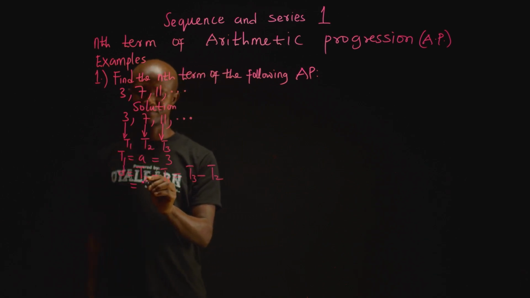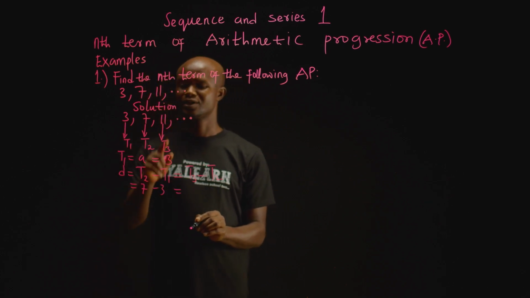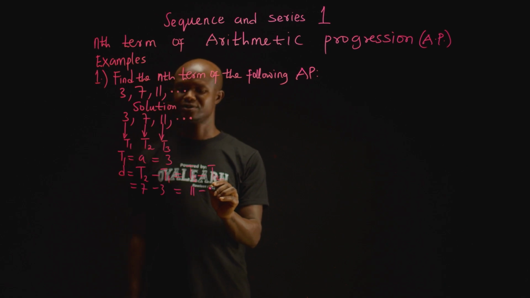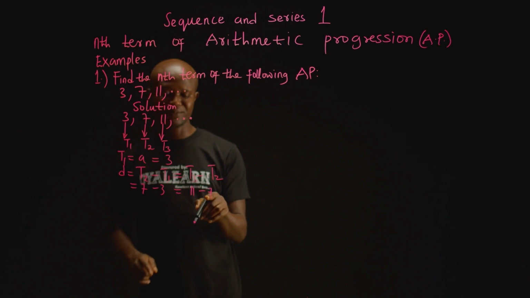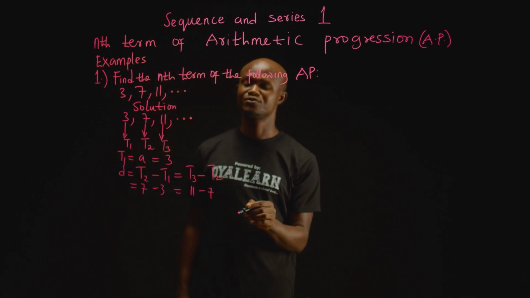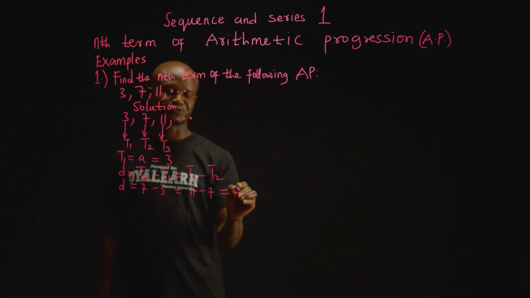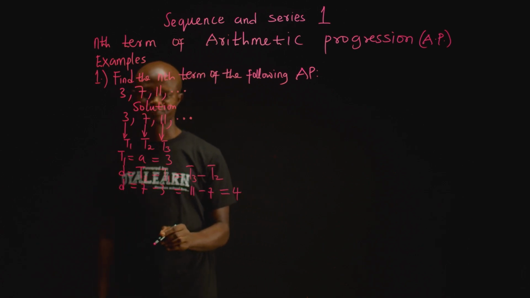So that is 7 minus 3. And also, if we use T3 minus T2, we have 11 minus 7. 7 minus 3 will give us 4. 11 minus 7 will also give us 4. Now, from here, it shows that our common difference is 4. Common difference D equals 4.